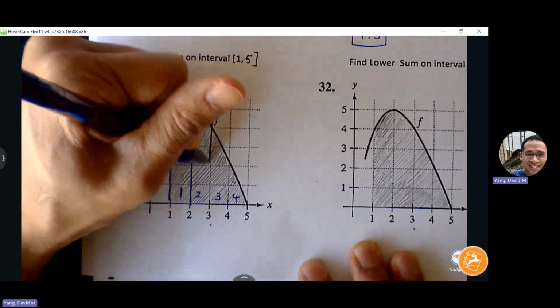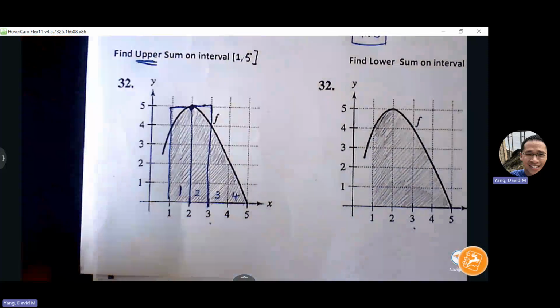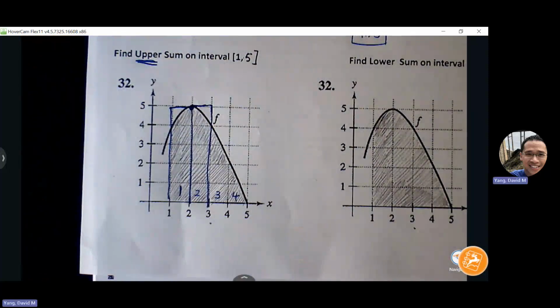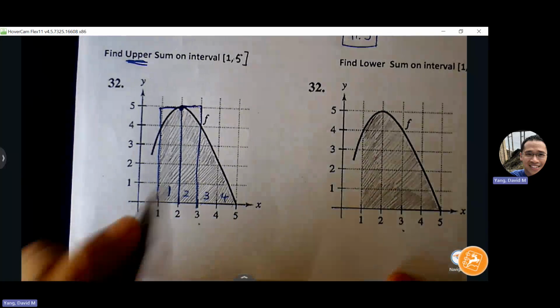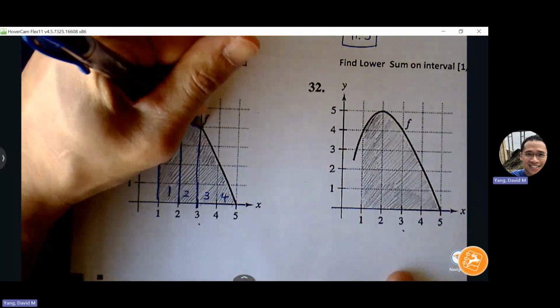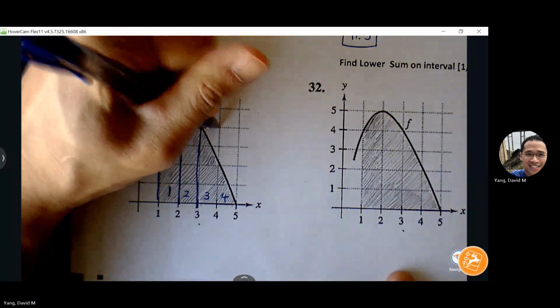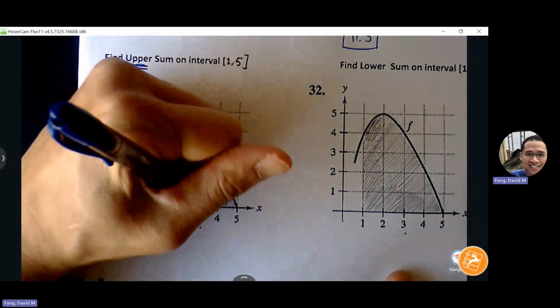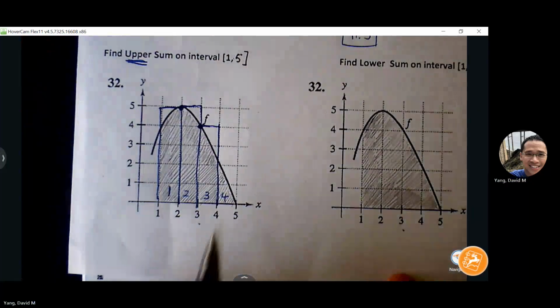Because the graph here is not always rising or falling, we could have some shared heights between rectangles. Between 3 and 4, which one is higher? 3. So highlight the graph at 3 and force that to be the height of the fourth one.